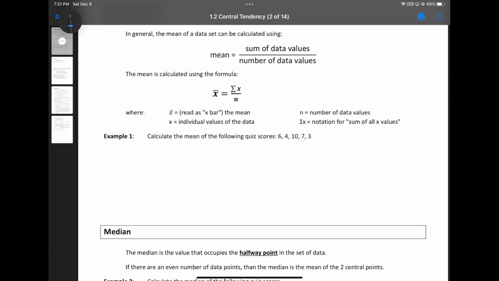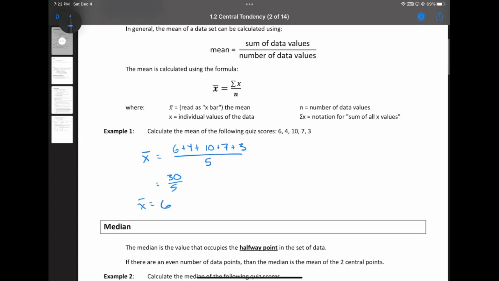So if we want to find the average or the mean, we just add up those values, 6 plus 4 plus 10 plus 7 plus 3, and we divide by the number of data points, and there are 1, 2, 3, 4, 5 of them. And when we do that, we get 30 over 5, which means the mean is 6. Pretty straightforward, pretty easy to do.